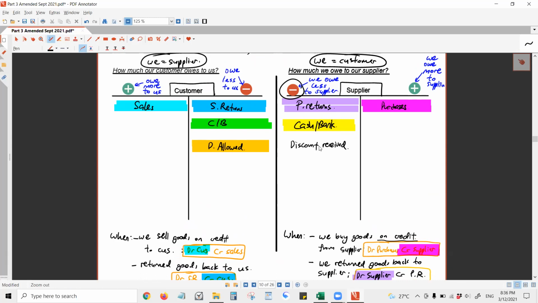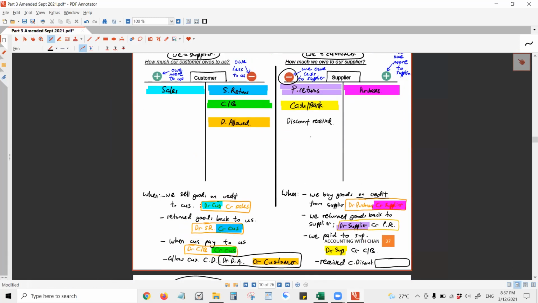Okay, let me choose one more color. Gray color. So we have to debit supplier account, then we credit discount received. Can you see?